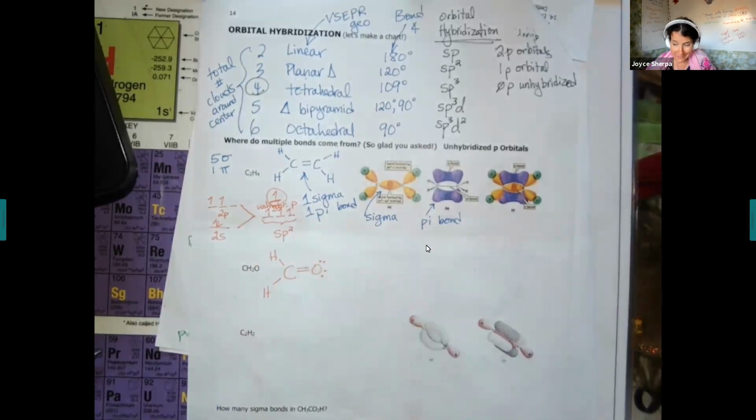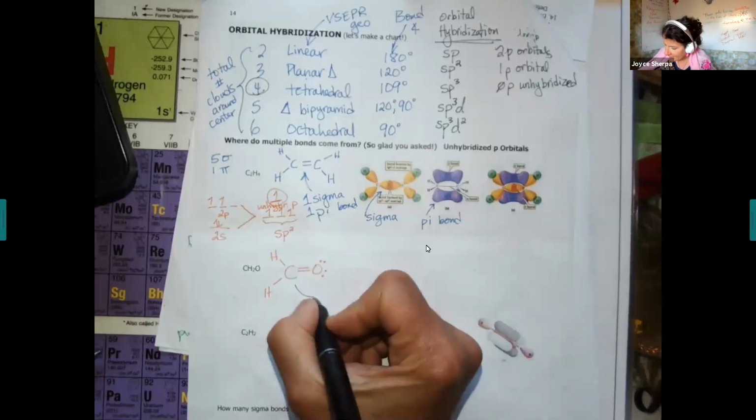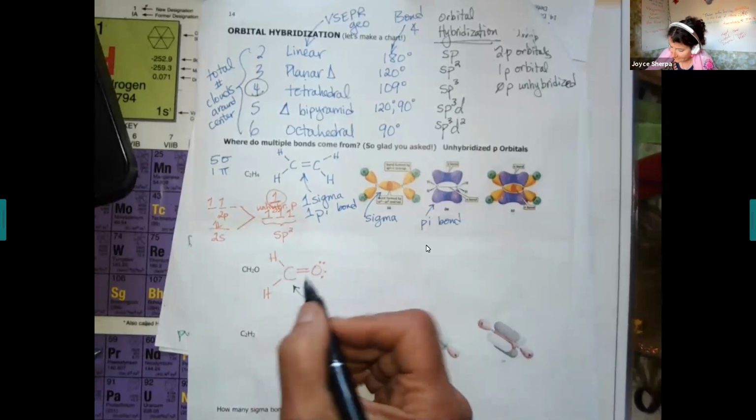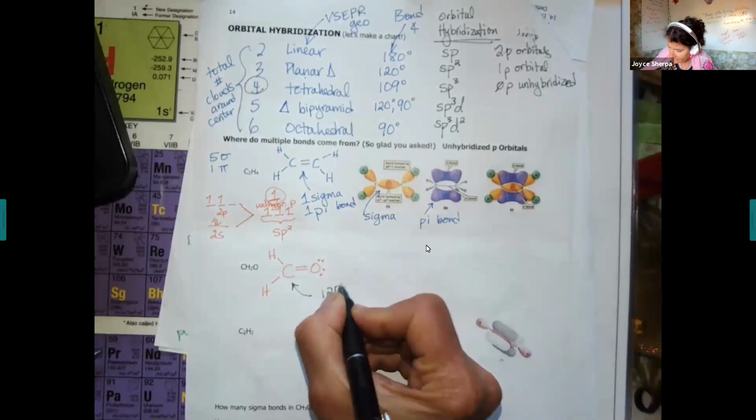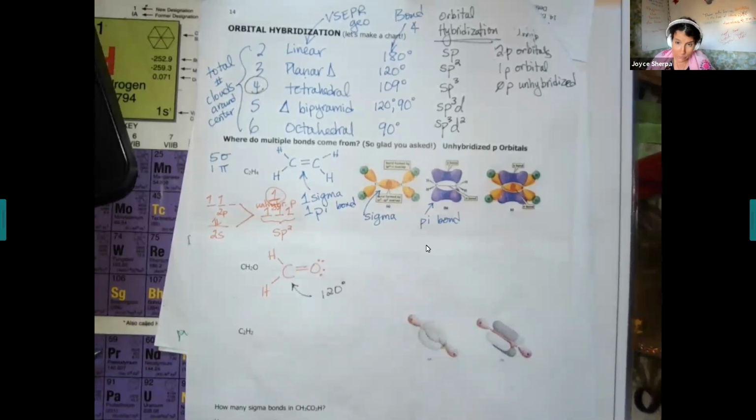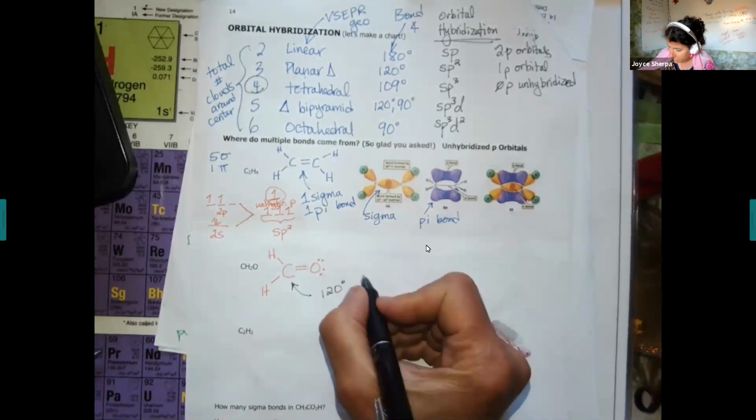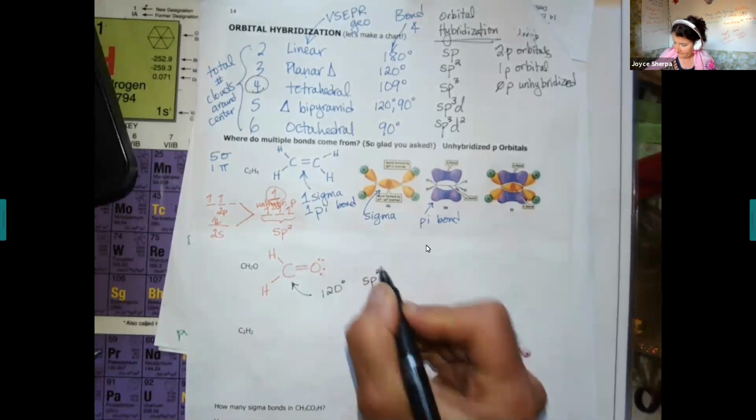The questions that you will see, and the whole next page is practice. By the time we get through that page, I will ask you, give me the angle of the carbon. And you should be able to look at that carbon and say, okay, that's 120 degrees. But now you'll see the question say, what is the hybridization of the carbon? If it's 120, it's sp2.